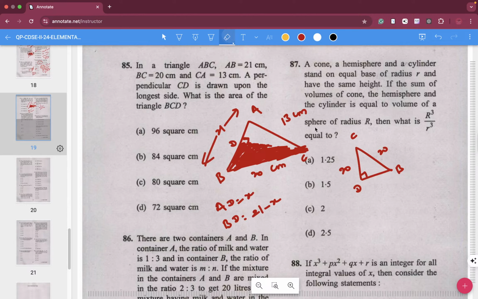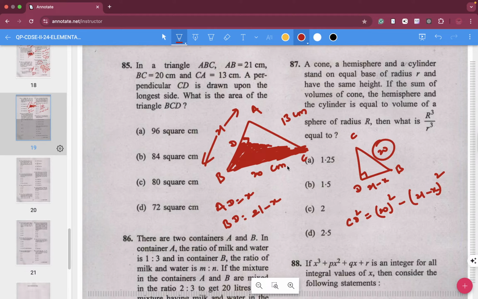This is your CD, and DB value is 21 minus x. So in that case we can say CD square is 20 square minus (21 minus x) whole square.